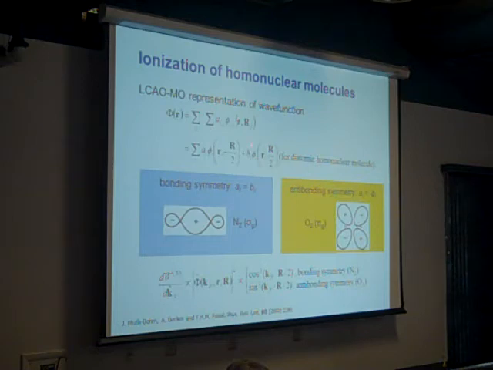That means that these expansion coefficients that I've written down here are equal in sign and magnitude for a homonuclear molecule of bonding symmetry. So here, this expansion coefficient is equal to this expansion coefficient. And here they are equal in strength, but they have opposite sign. So that gives me an anti-bonding symmetry, which as a wave function sketch looks either like this or like this.